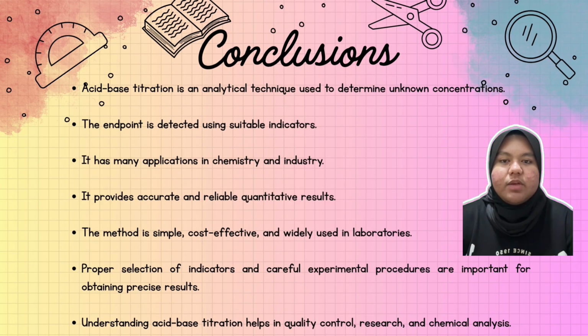It provides accurate and reliable quantitative results and is considered a simple and cost-effective method that is widely used in laboratories. However, obtaining precise results depends on the proper selection of indicators and careful experimental procedures. Therefore, understanding acid-base titration is essential for quality control, research, and chemical analysis.